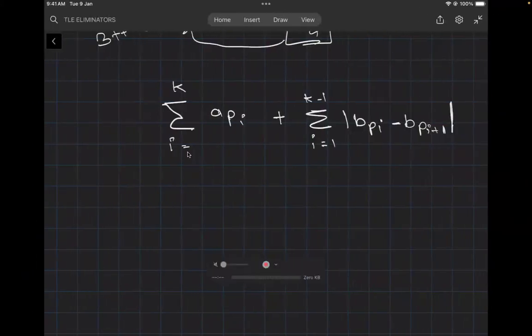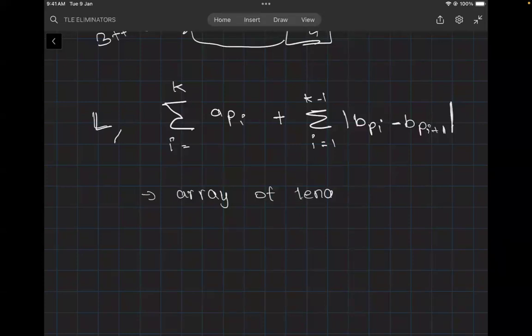Okay, guys. So what does the problem statement say? The problem statement says that we are given an array of length n. Basically, there are two values, A i and B i, and there are n such elements: A1, B1, A2, B2, so on and so forth, up to An, Bn.